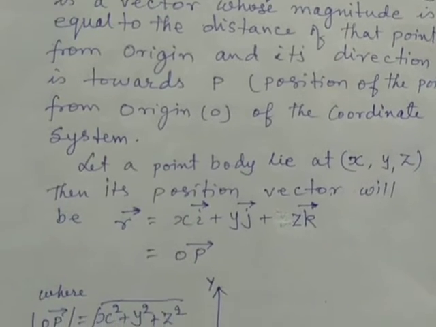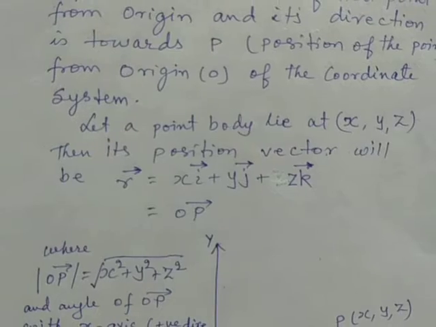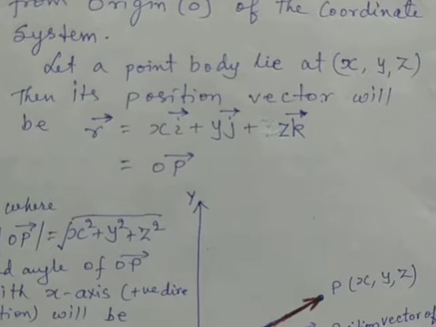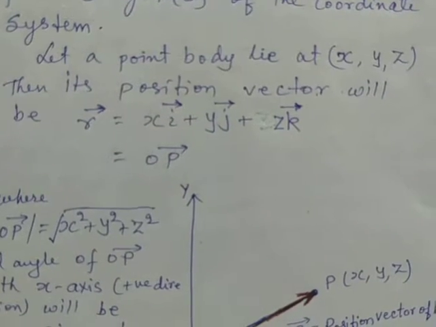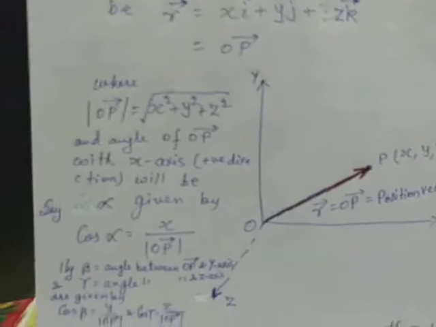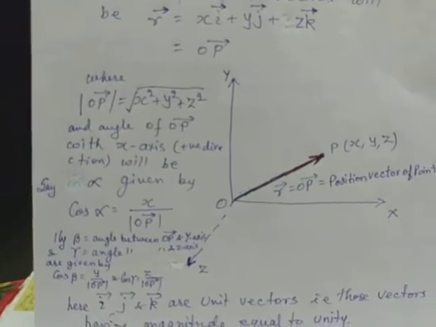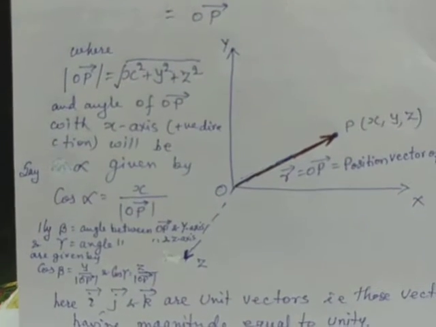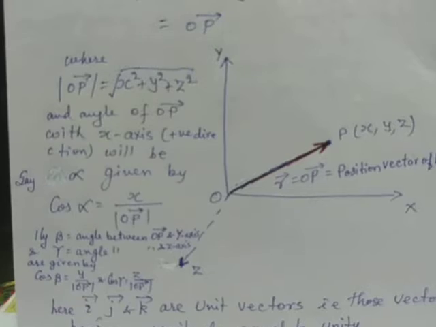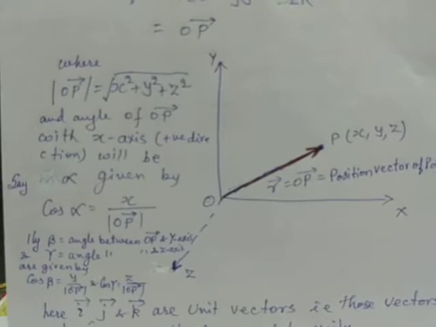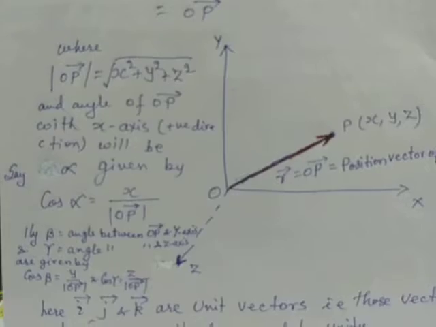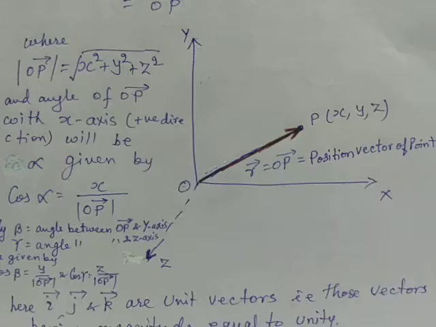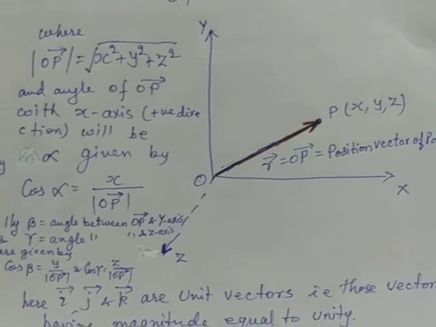Now vectorially if we represent it, then the position vector of the body, say it is r, will be equal to xi plus yj plus zk, where, if you see in the diagram, x is the distance intercepted by the vector r on the x-axis, y is the distance intercepted by r on the y-axis, and z is the distance intercepted by vector r on the z-axis.